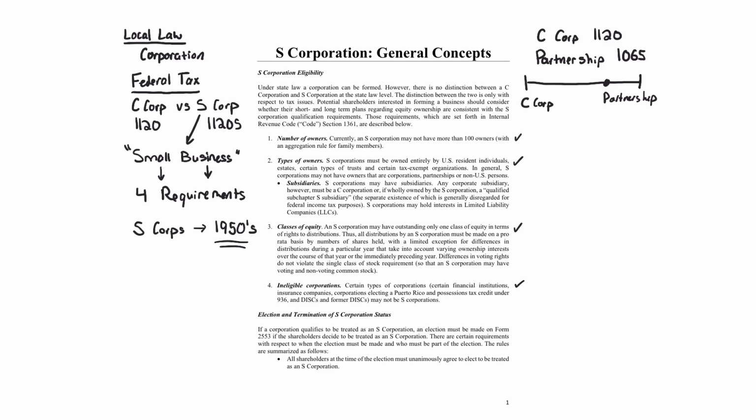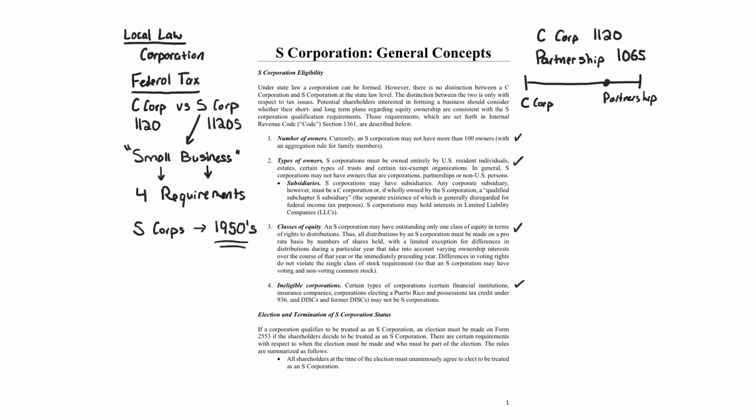So S corporations have been around longer, which is why at the time of this video, there's a lot more S corporations than LLCs, but LLCs are gaining traction because the law is settled. And again, there's going to be some advantages of S corporations over LLCs, but there's also lots of advantages of LLCs over S corporations.